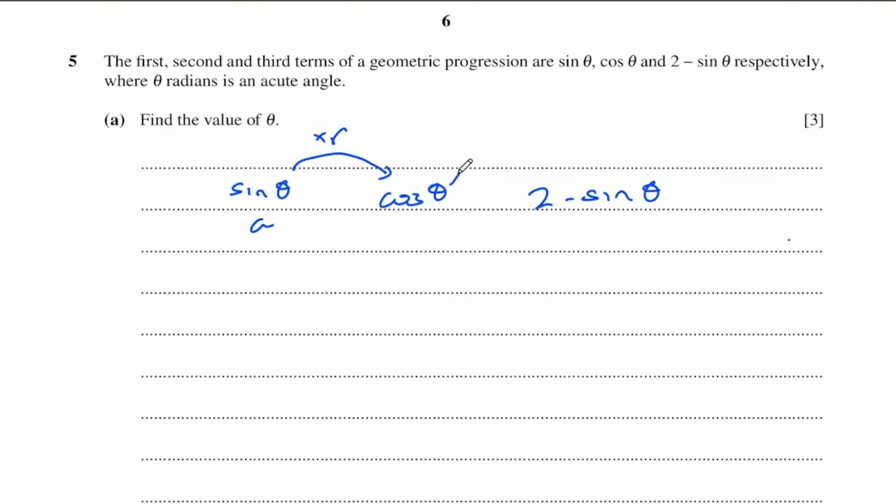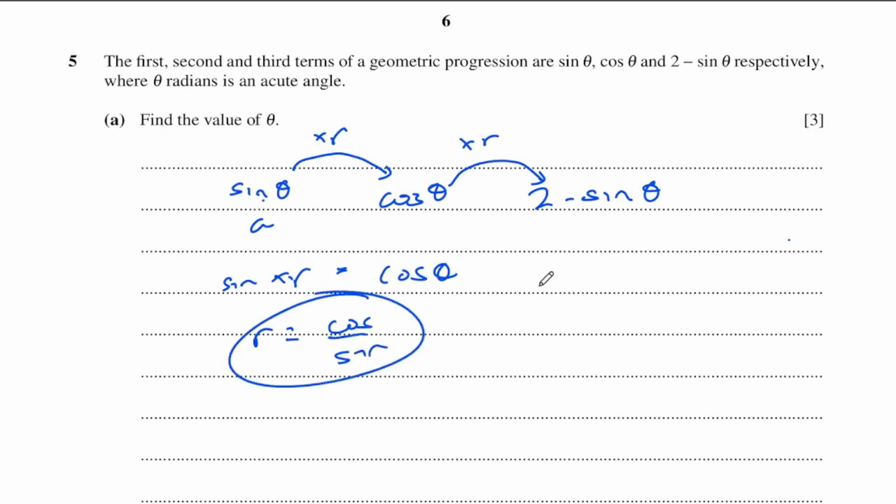You will multiply from the second to the third by the same constant r. So from sine theta to cos theta, what would be multiplied by? Sine times something equals cos theta. If you want to find r, you just divide by sine, so cos over sine. And that's what our r is.